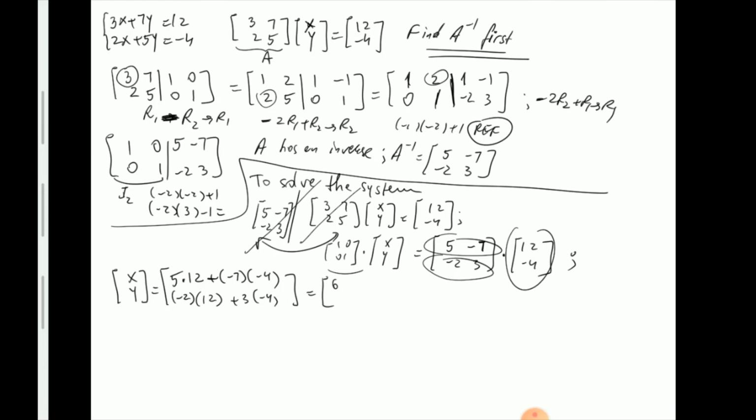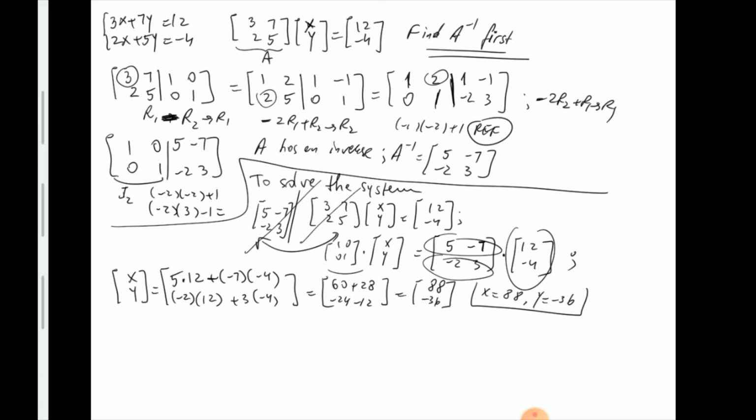So that's 60 plus 28 minus 24 minus 12. That gives me 88 and then minus 36. So x will be 88, y will be minus 36. So plug them in into the system to convince yourself that these are the solutions indeed.